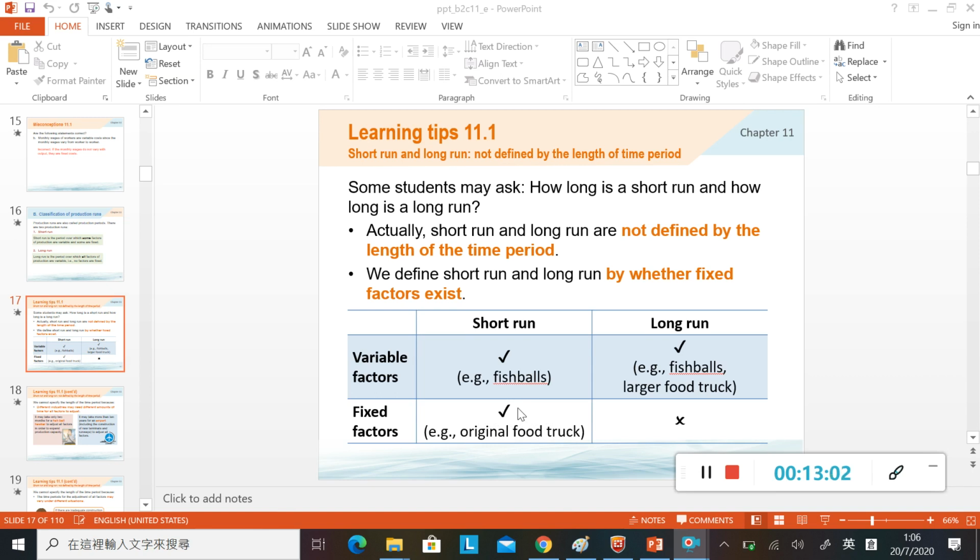The number of food trucks will not increase with the output. So in the short run, in this moment, that is a fixed factor. So we call this production period the short run because there are both variable factors and fixed factors.